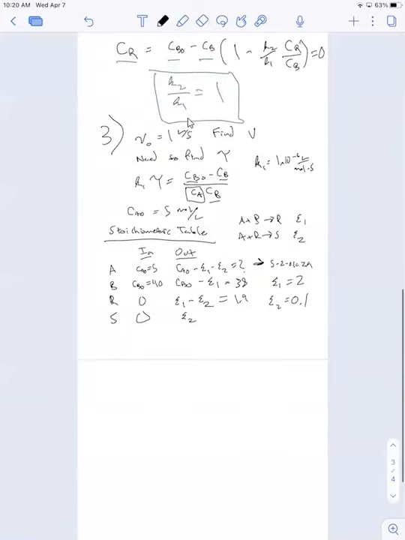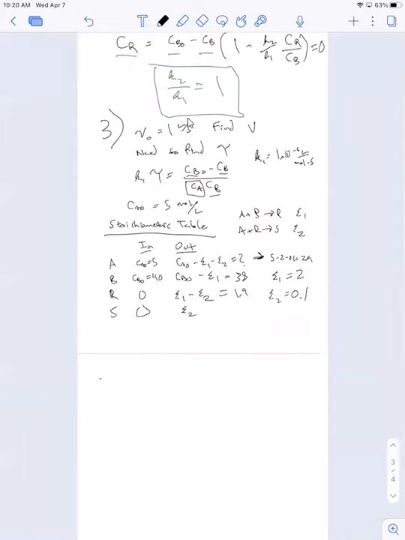Now we have K1 times our volume over our volumetric flow rate equals CB naught, which is 40, minus CB, which is 38, divided by CA, which is 2.9, times CB, which is 38.